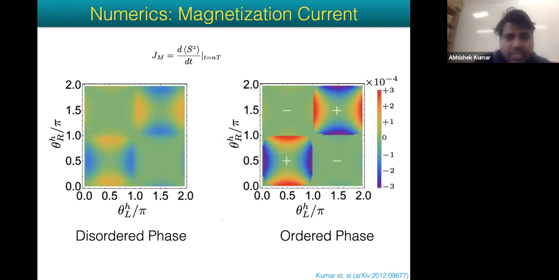When you talk in terms of the spin, we have two phases, ordered and disordered. In the ordered phase, you can see a sharp discontinuity in the gauge current, but in the disordered phase there is no discontinuity. So this could be used as a probe to detect the ordered or disordered phase in a spin system.